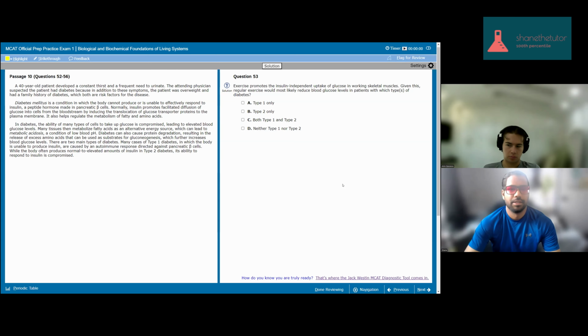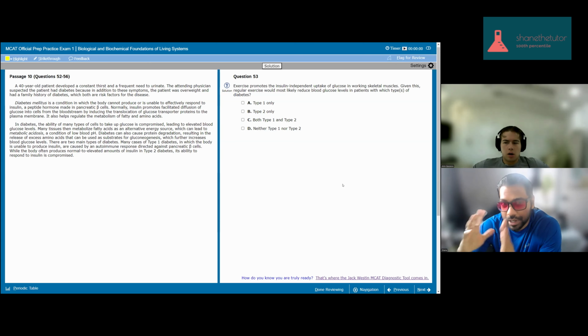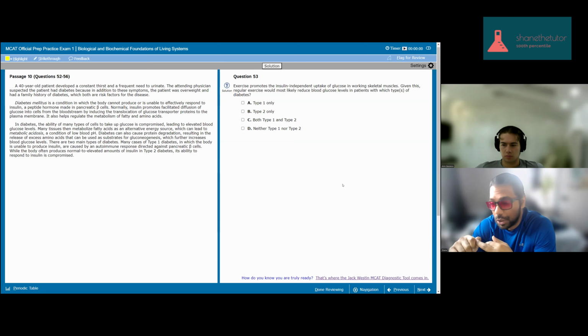So they're saying exercise promotes the uptake of glucose. If you word it differently, insulin independent uptake of glucose means that the uptake of glucose can happen whether you have insulin or not. But that doesn't mean that it only happens when you don't have insulin.